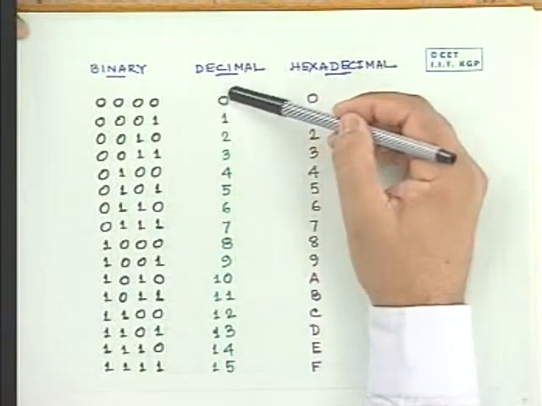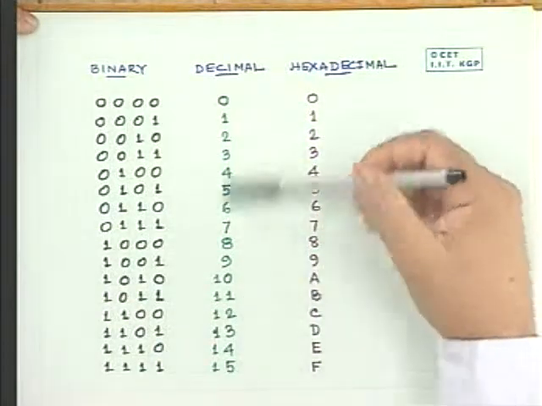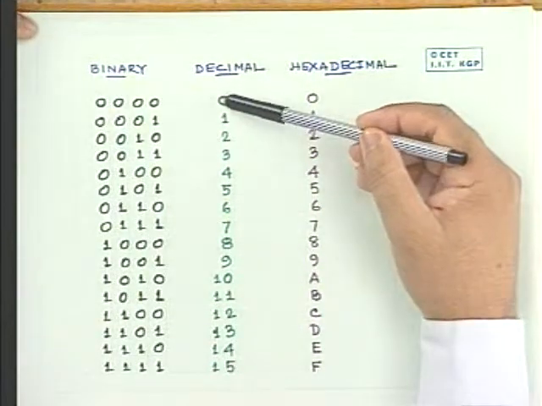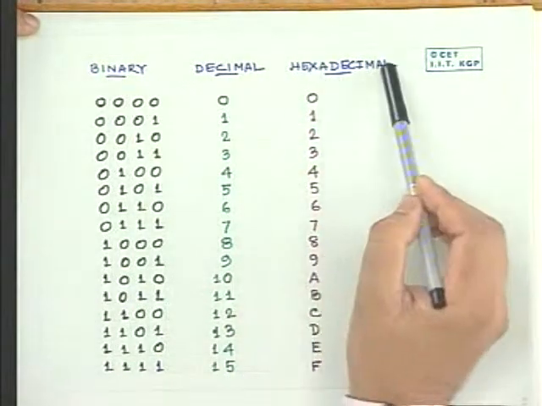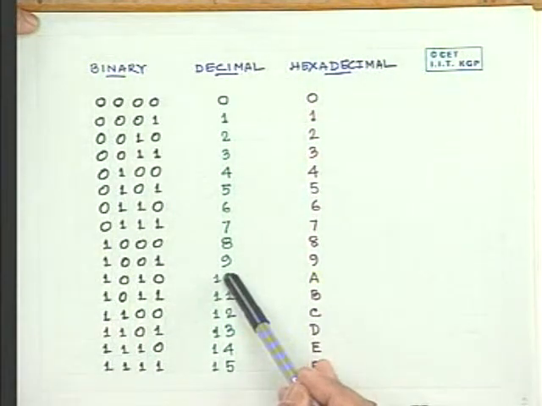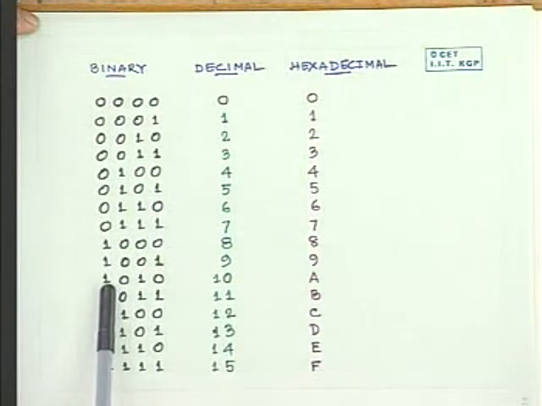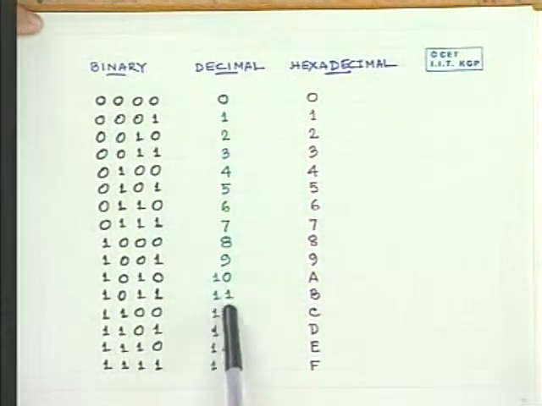As you know, the decimal equivalent of this binary I have given in green, okay, this is 0, this is 1, this is 2, and so on. This is up to 15. Now, in the case of decimal, the problem is this: if I want to represent these 4 binary bits, after 9, I'll have to use 2 characters, which I do not want to permit and which is inconvenient.